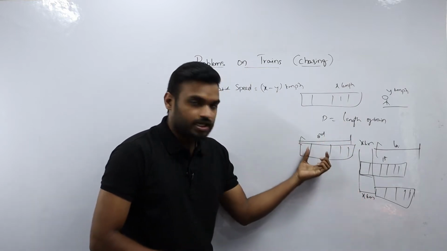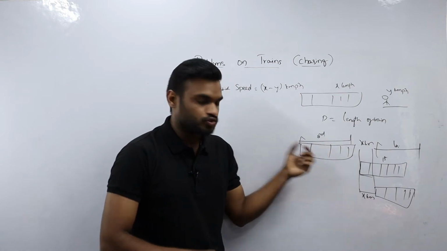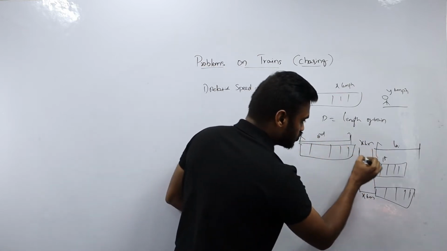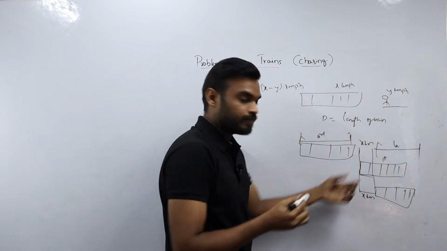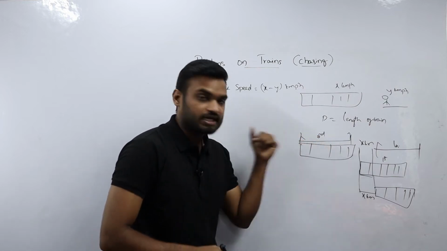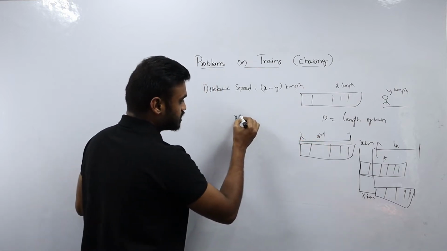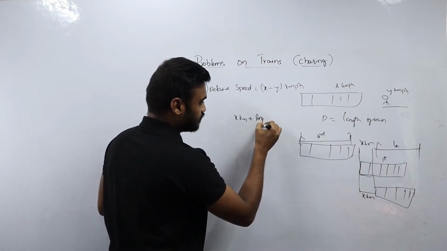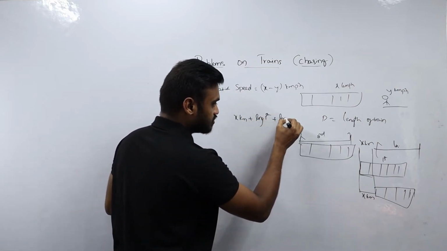In order to overtake the first train, the second train needs to first cover its own length, then the distance traveled by the first train, and then the total length of the first train. So the total distance becomes the length of the second train, plus x kilometers covered by the first train, plus the length of the first train.